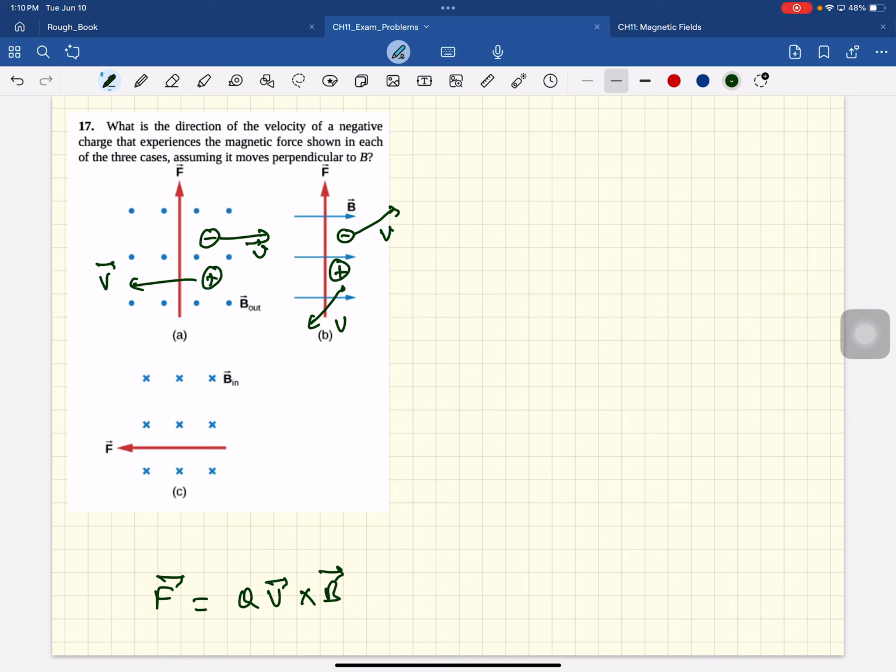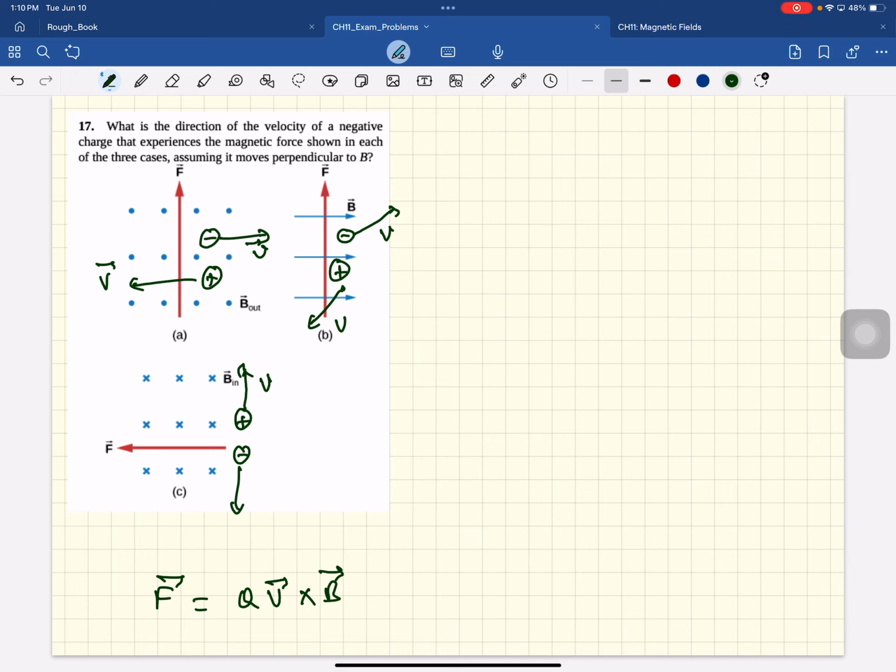For this one, into the paper. So positive charge needs to move like that, and negative charge moving in this direction will have that force.